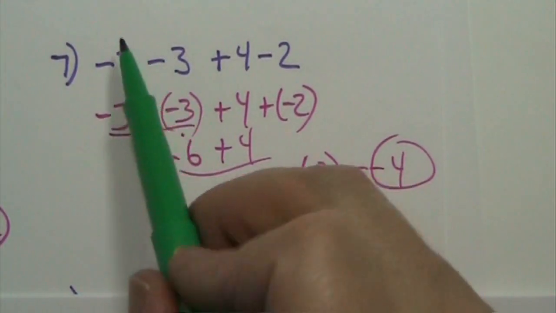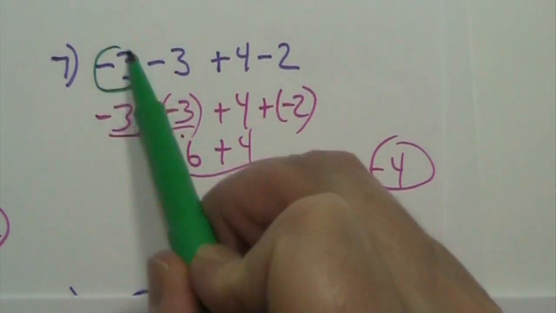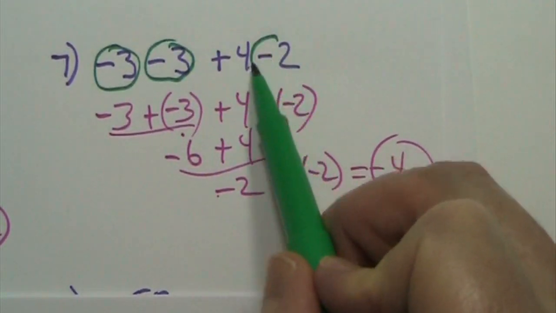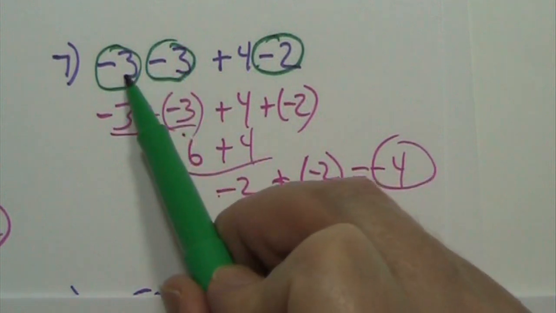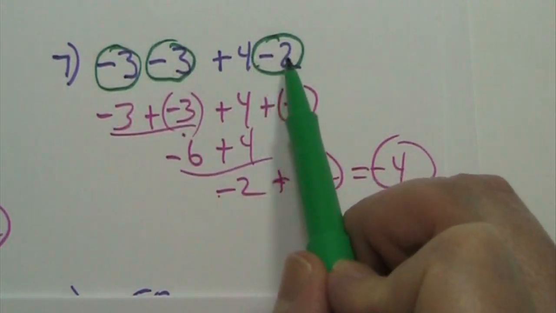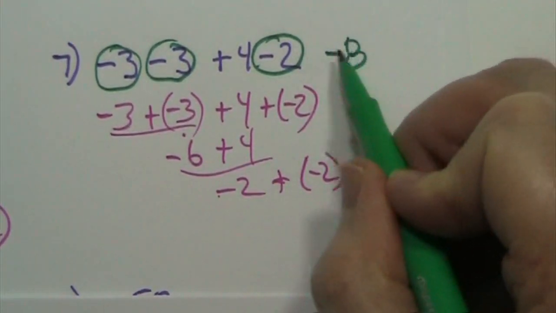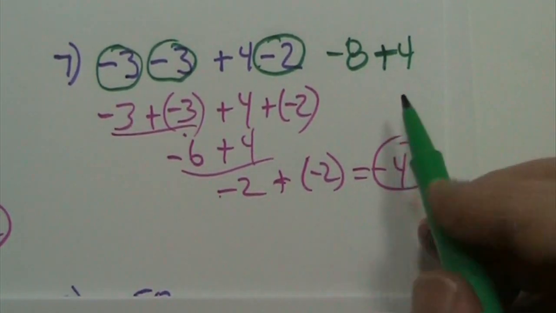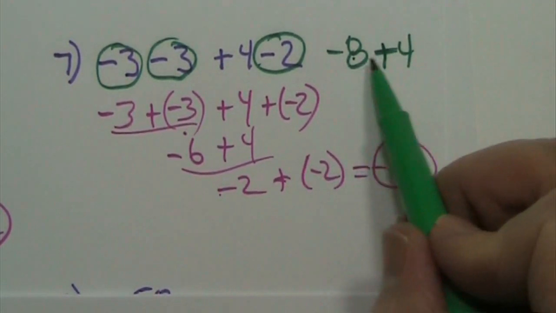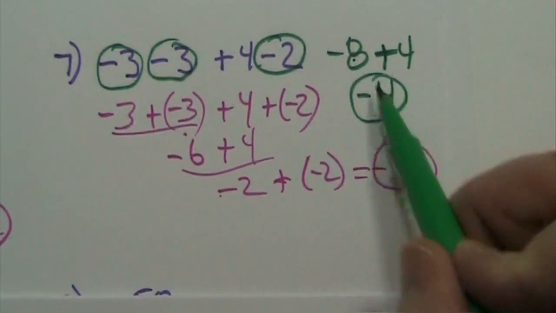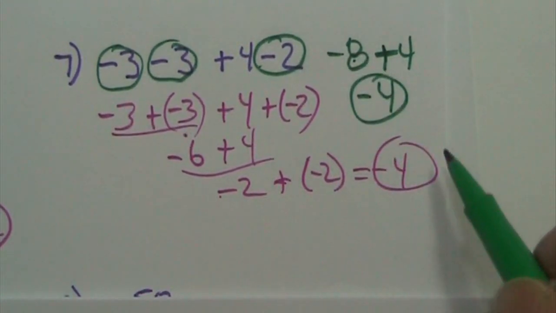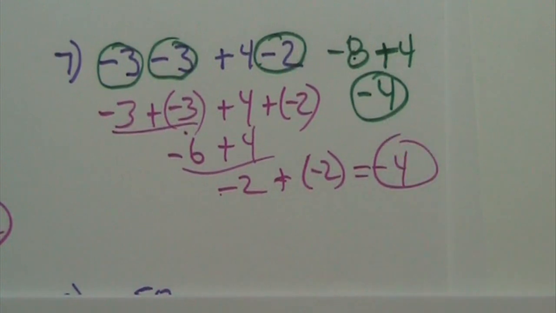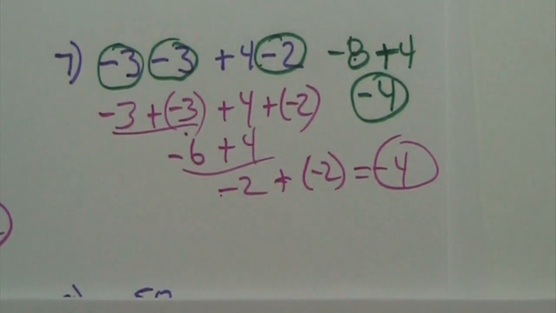Some people will take all the negatives, a negative 3, a negative 3, and a negative 2. That's 6 negatives, that's 8 negatives. And you have a positive 4. And look at that, negative 8 and 4 would make negative 4. Right? There's 4 more negatives. And that's why I got the same answer. So you could also do it that way. That's faster.